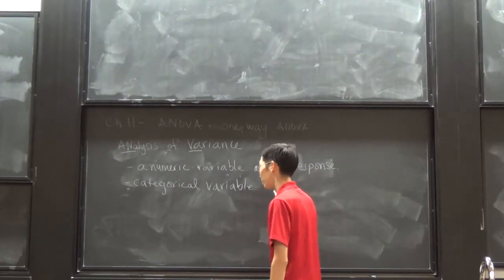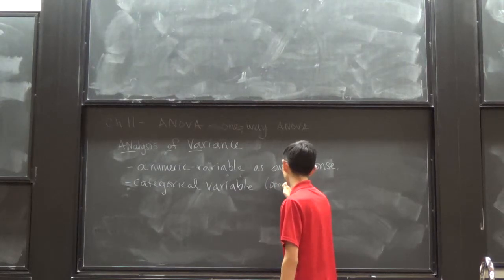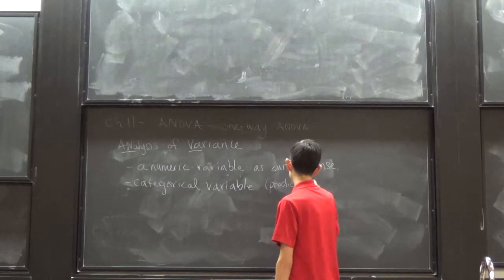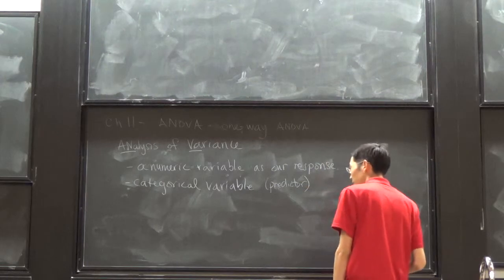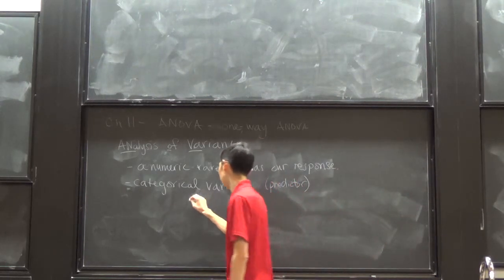So we might call this our predictor, or we'll just call the categorical variable our predictor, but we just have different groups.